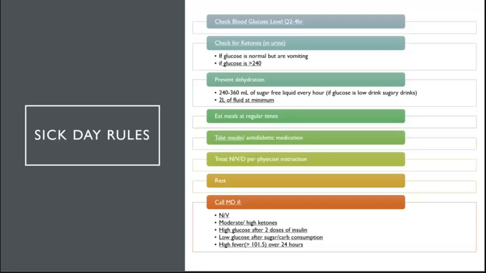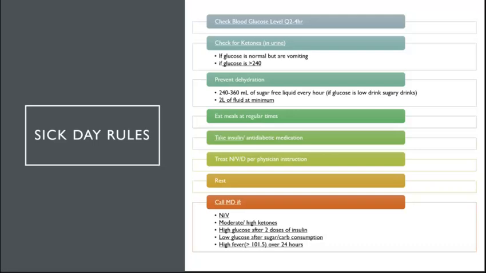If your glucose is greater than 240, you need to be looking for ketones, especially if there's nausea and vomiting. Prevent dehydration: 240 to 360 milliliters of sugar-free liquid every hour. You need to have at least 2 liters of fluid a day at minimum.